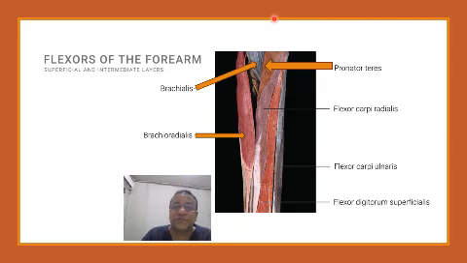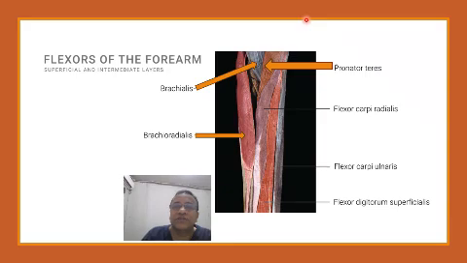So now we went through three muscles. Brachioradialis we can identify, brachialis and pronator teres. This brachialis muscle originates from the mid-arm and it crosses the elbow.